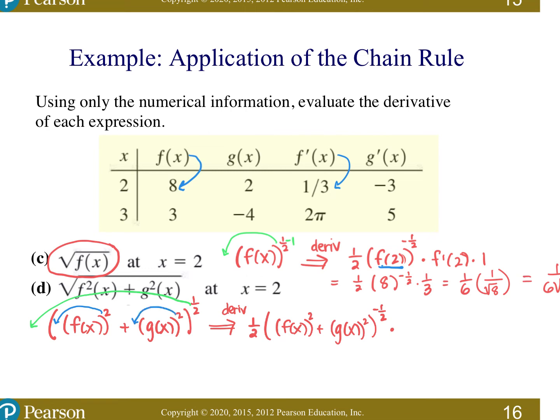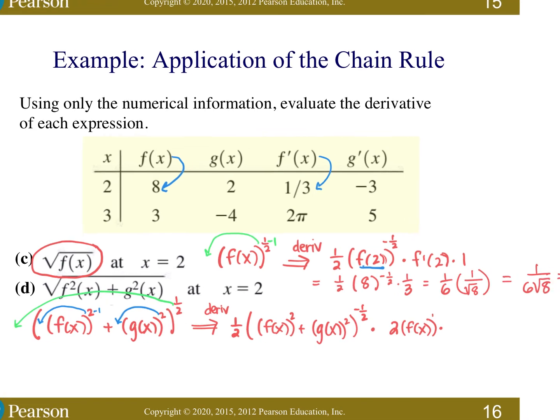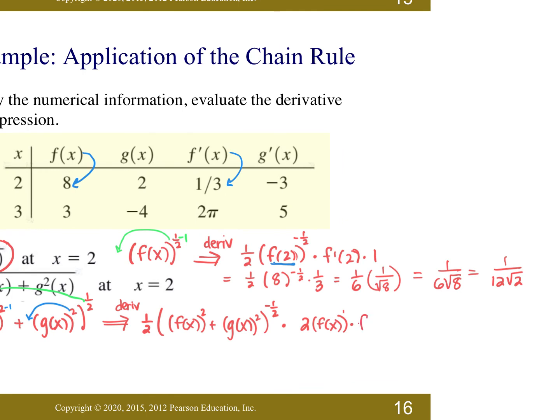All right, so now we're going to lead with a 2, and we'll still have f of x in the parentheses, and we'll decrease the power, so we'll subtract 1 from that, so that drops me down to 1. But then I still have to do the derivative of what's inside that parentheses, so that would be f prime of x, and then times the derivative inside that parentheses, which is 1.